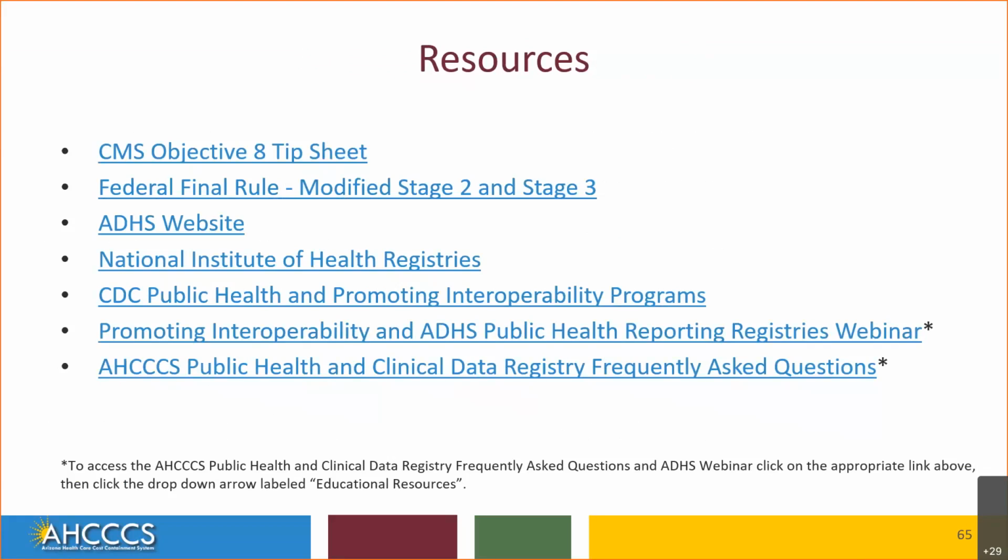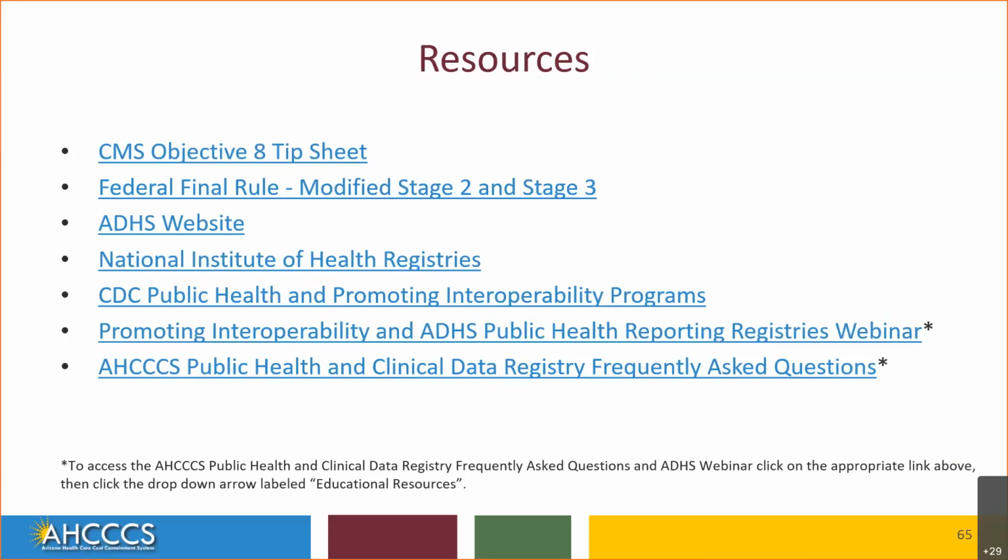Here are some resources that we use to put together this webinar and that we have created to help you all better understand the public health objective. As you can see, we have referenced the CMS Objective 8 tip sheet, the federal final rule for modified Stage 2 and Stage 3, the ADHS website, which has the specific Arizona registries, also the National Institutes of Health registries, which we referenced earlier in the webinar, and the CDC Public Health and Promoting Interoperability Program, so the list of registries for that.